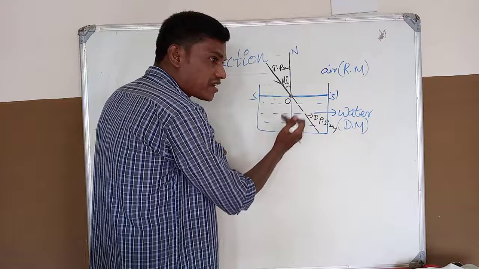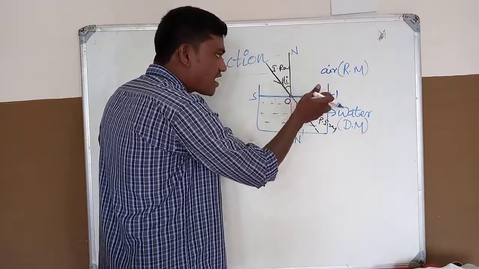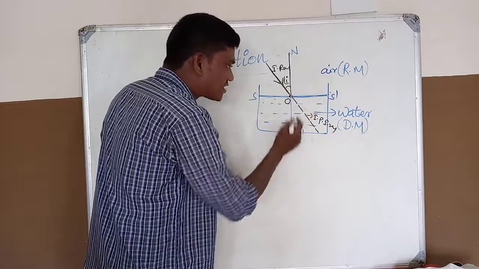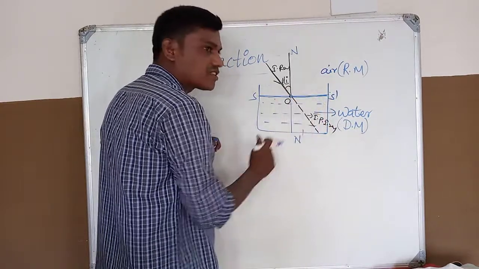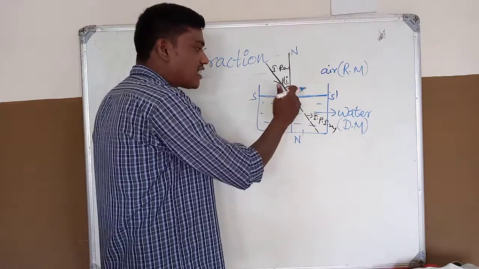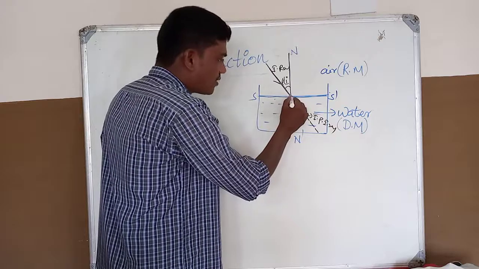It deviates or changes from its path. Already explained, when light travels from rarer to denser, at the point of intersection or at the surface of separation of the two media, the light deviates from its path and bends towards the normal.